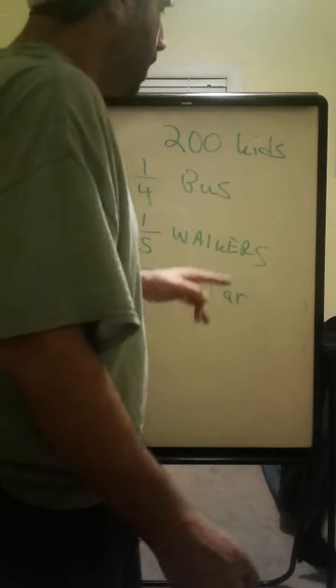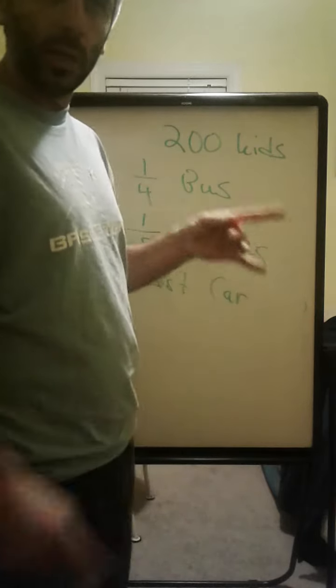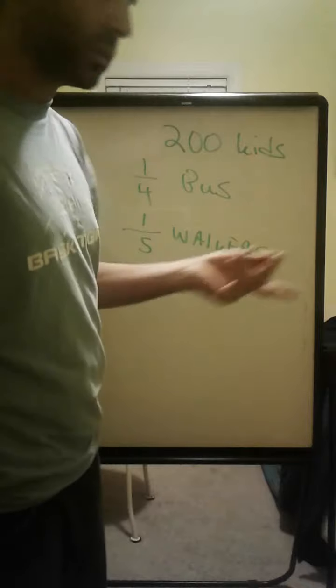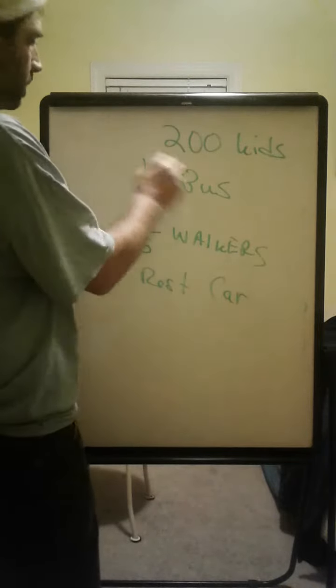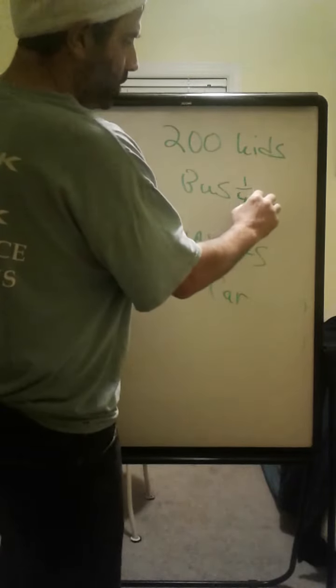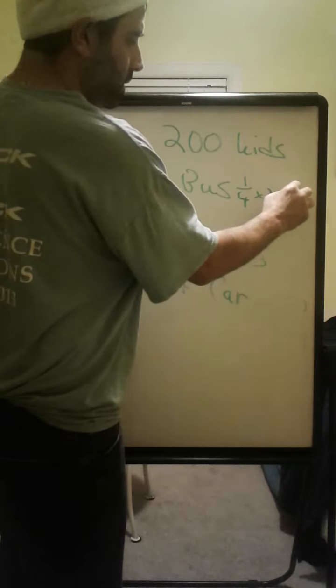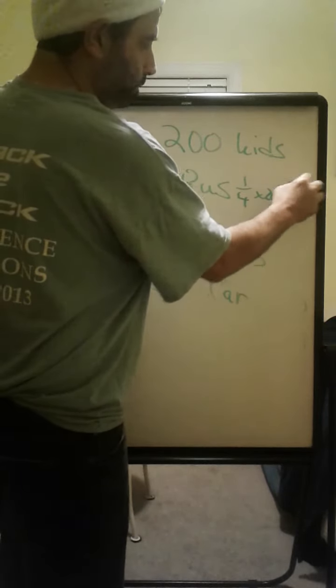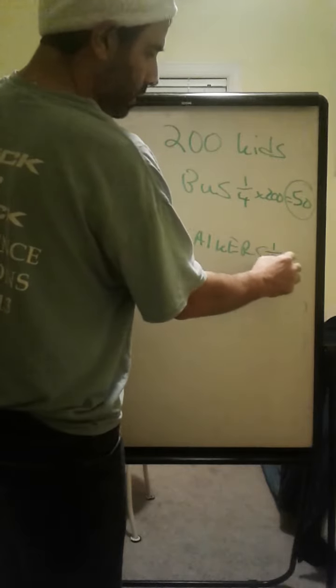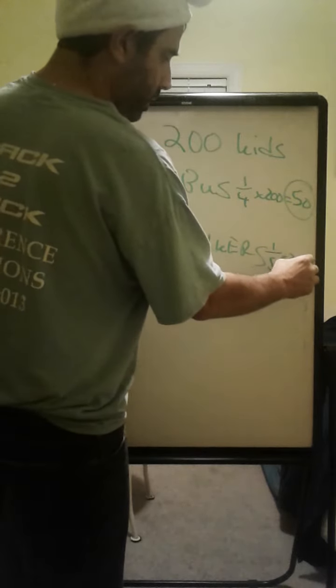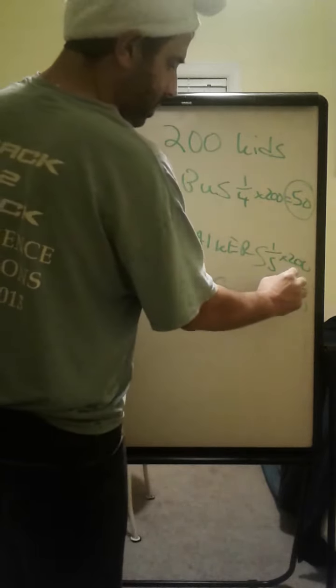All right? So this is a famous problem that the question askers ask 7th graders. You're expected to do 1/4 times 200 to figure out how many bussers. So that would be 50. And then you do 1/5 times 200. And trust me, you get 40.